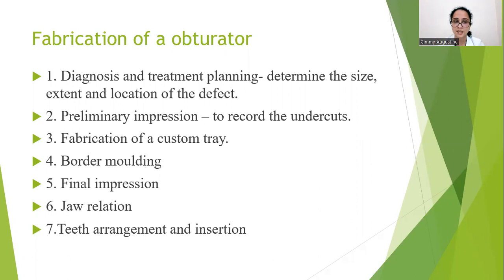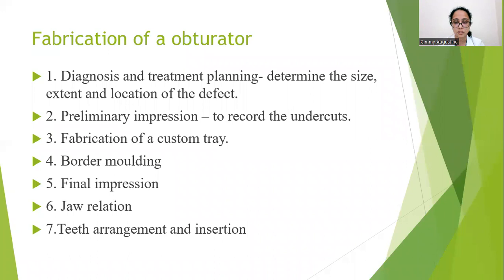You determine the size, the extent and the location. Then a preliminary impression is taken, just to record. Usually for the surgical obturator, they take two impressions. One is to keep as a record. The second is to make the surgical obturator.